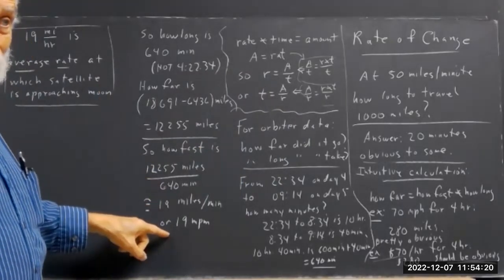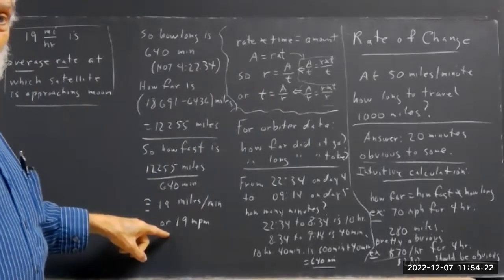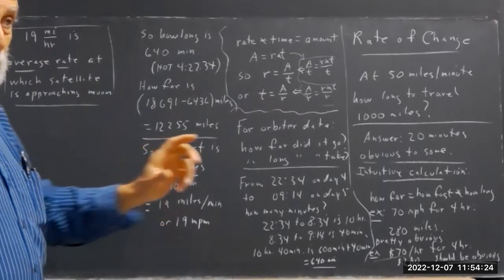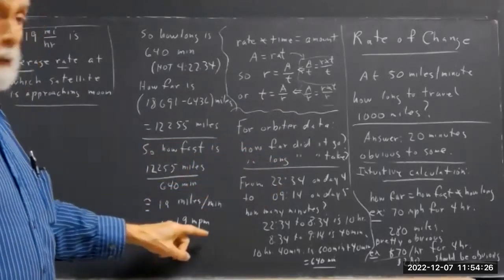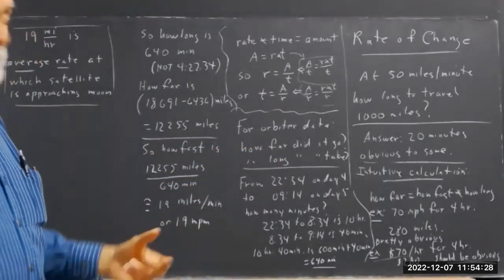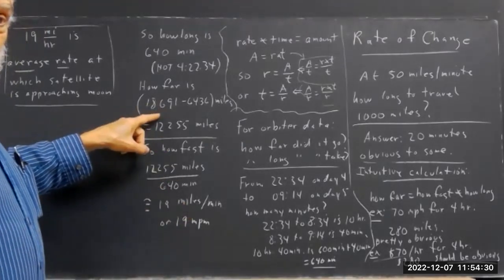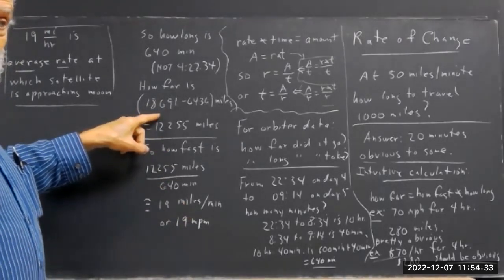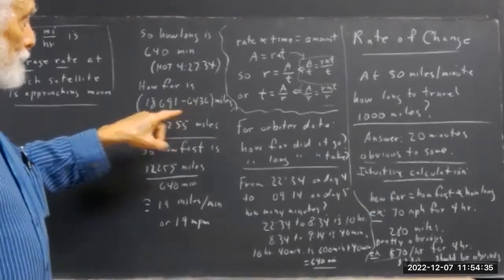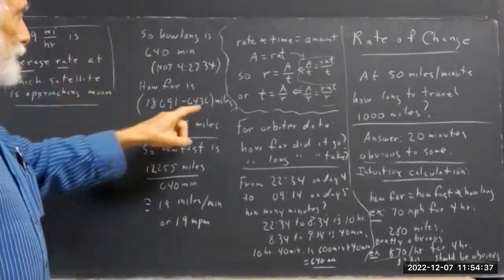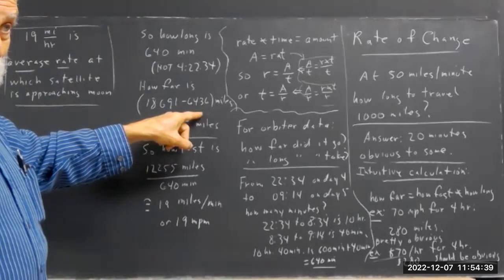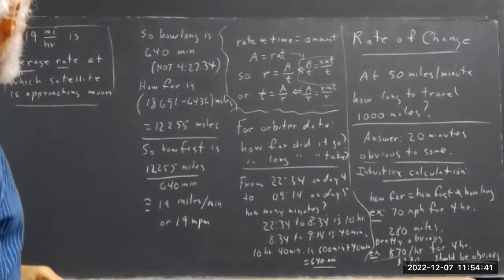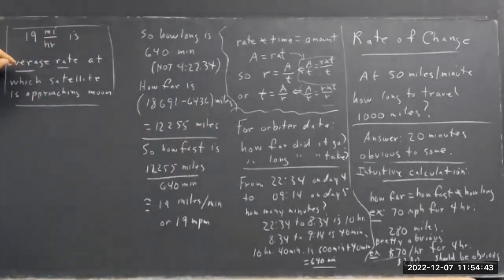Now, what happens is the pull is changing, so the speed changes faster and faster. Okay, as you get closer and closer to the moon, you're picking up more and more miles per minute. If you're at this distance from the moon, in a minute you don't pick up nearly as many miles per minute as you do here. Okay. Anyhow, so we say that this is the average rate at which a satellite is approaching the moon.